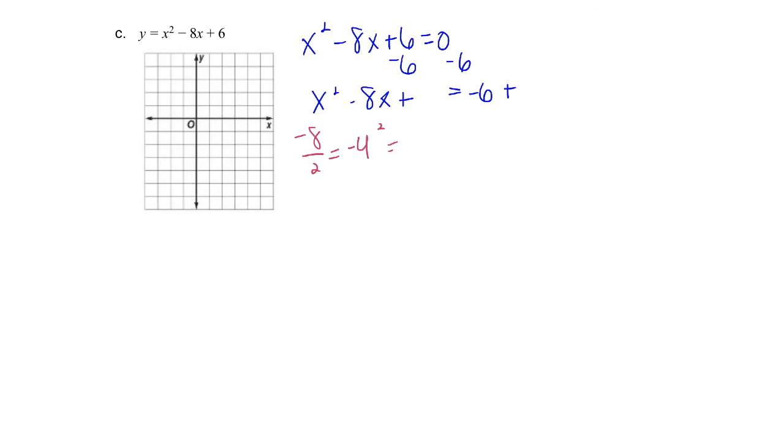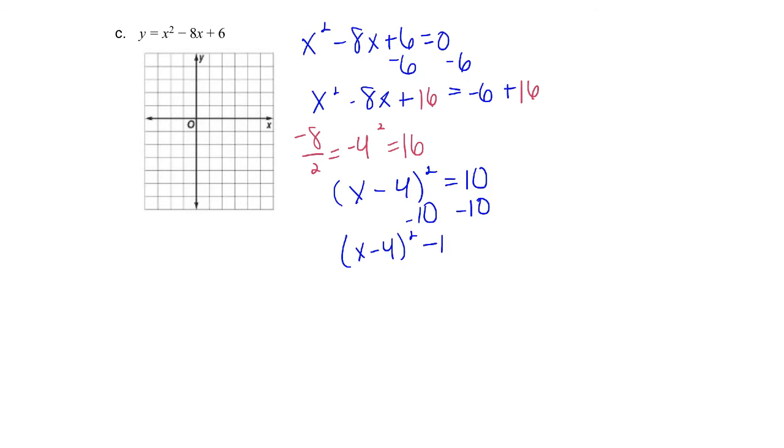Square that, and we get 16. So that is where the blank is. Factor: x minus 4 squared equals 10. Move it all to the same side. Subtract 10. And we get x minus 4 squared minus 10 is y.